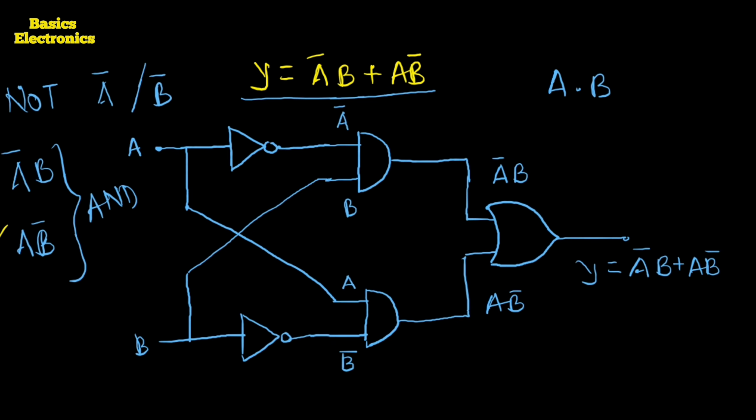Now by using this logical diagram, we have to draw the symbol of the XOR gate. I am going to draw the symbol of the XOR gate. The XOR gate has a symbol like the OR gate. Here is the symbol of the XOR gate.